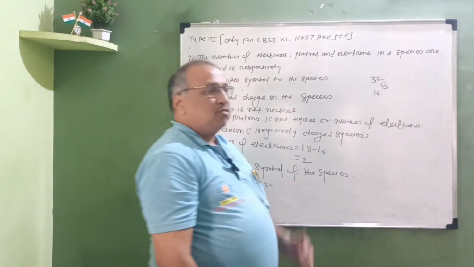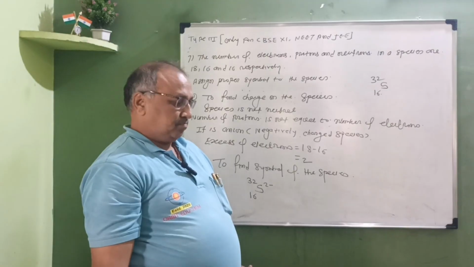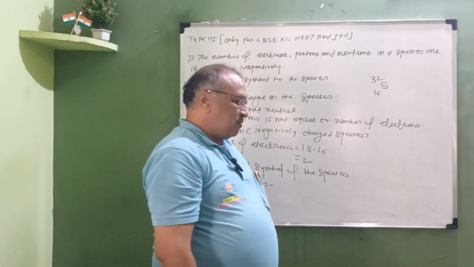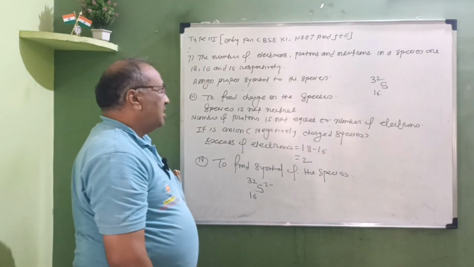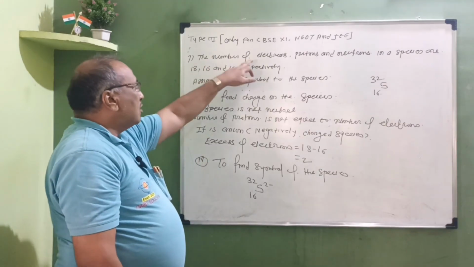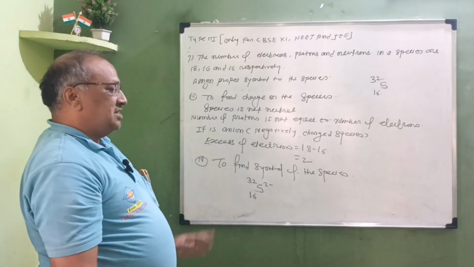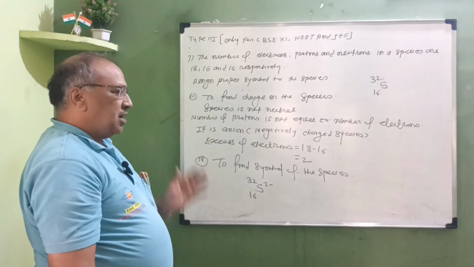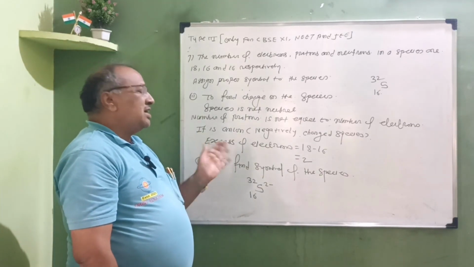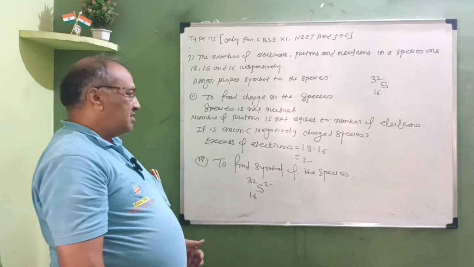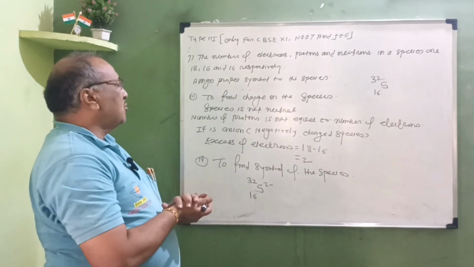Now calculate the charge on that element. Here number of electrons are 18 and number of protons are 16. Now electron carries unit negative charge and protons carry unit positive charge.